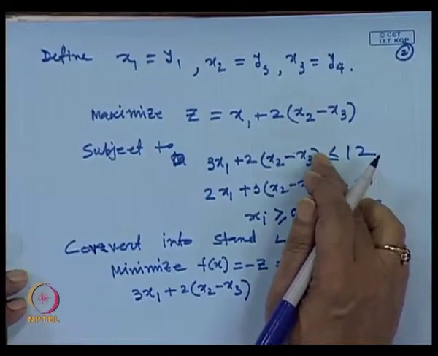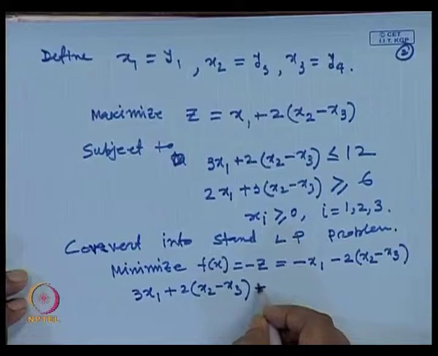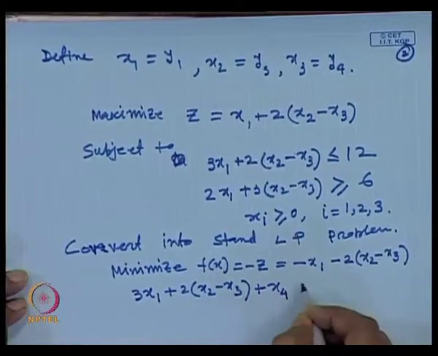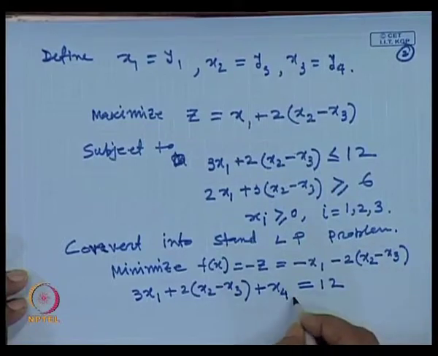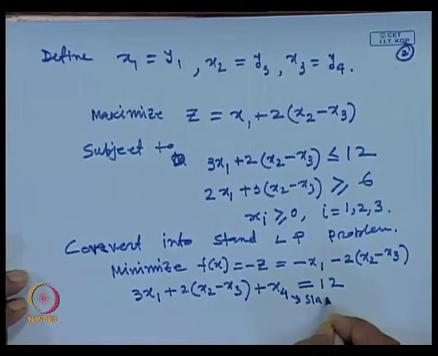That means, something we have to add with this one. Let us call the new variable x 4, equal to 12, and the right hand side you see is a positive quantity, which is what we need. So, x 4 is thus our slack variable.